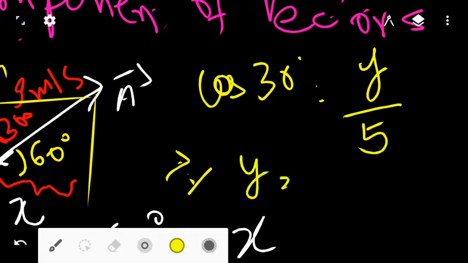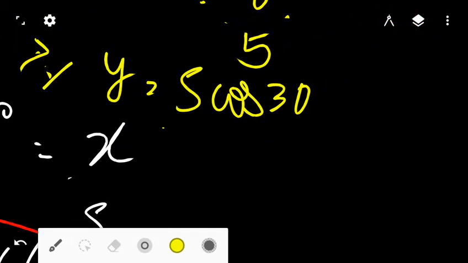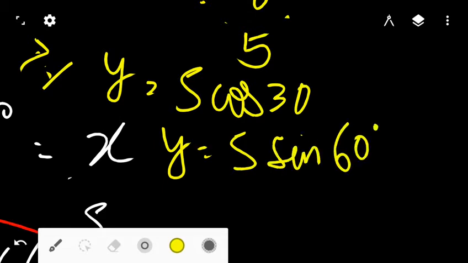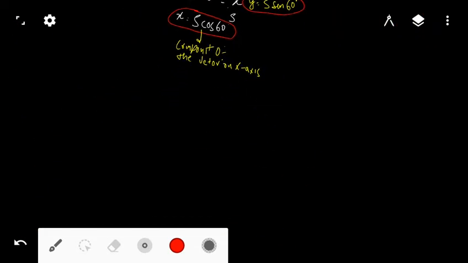So y will be 5 cos 30, and using basic trigonometry, 5 cos 30 can be written as 5 sine 60. So with only the 60-degree angle, we found both the x component and the y component of the vector.